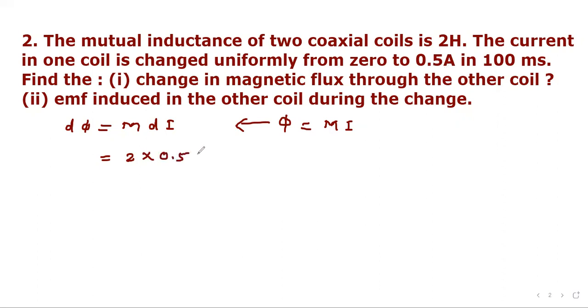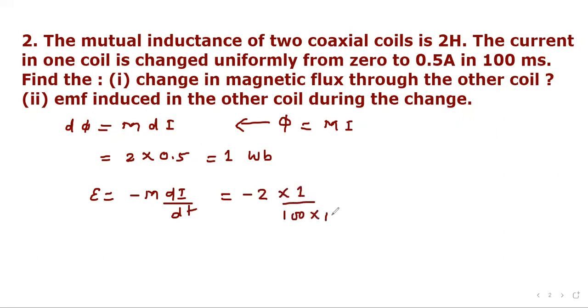So 2 times 0.5, that is 1 Weber. Now EMF induced is minus M dI by dt. So minus 2 into 1 divided by time, 100 millisecond. So this will give minus 10 volt.